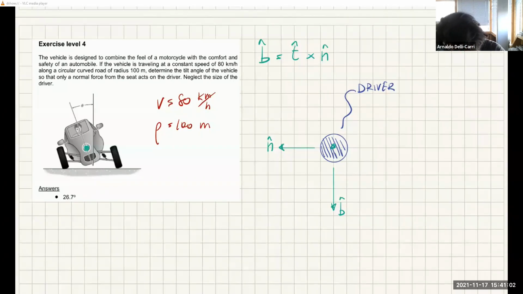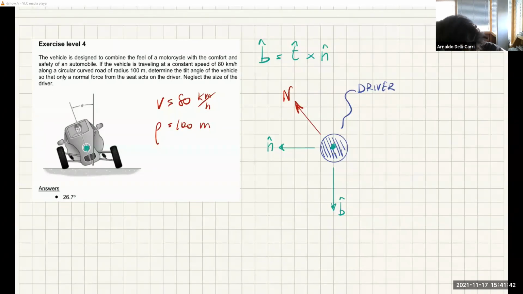So T is coming out from this point here, N is going left, and B is going down. What we have here is that only the normal force must be taken into account, because the driver is experiencing no force other than a normal force from the seat when it is curving at constant speed. Remember, we are going at constant speed in this case.